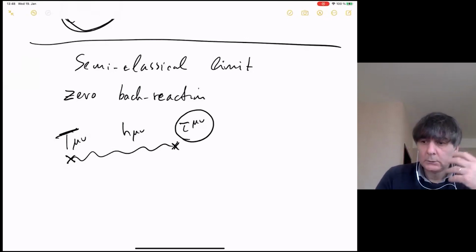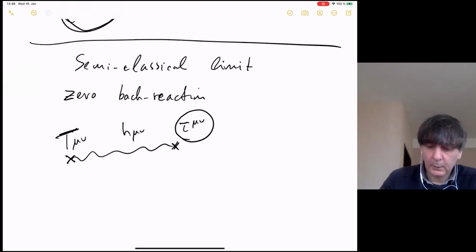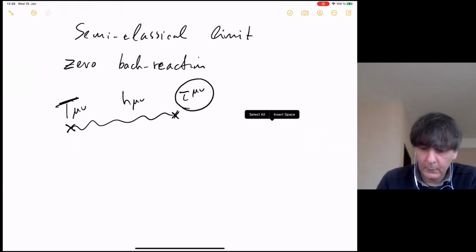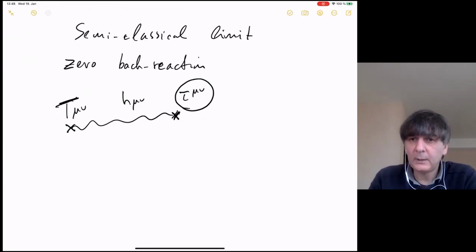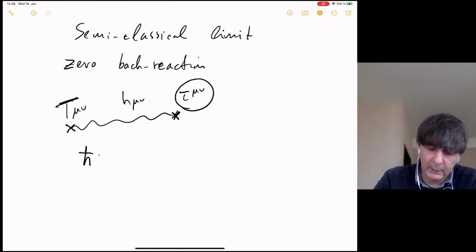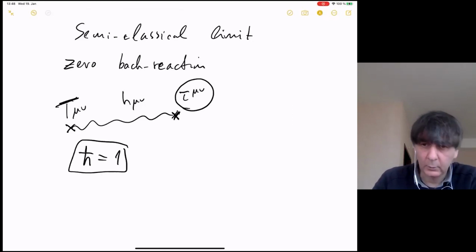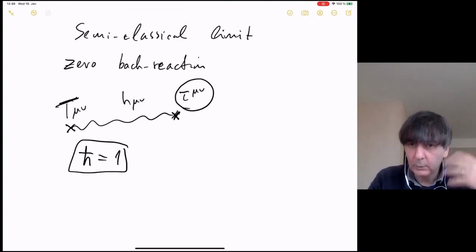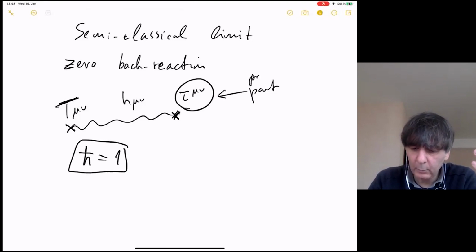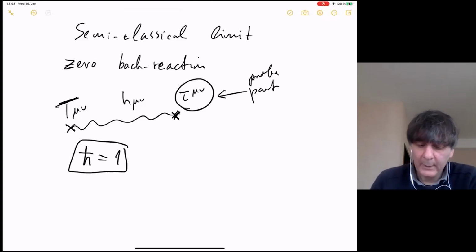So what is this limit? The limit is when we want to still be in quantum theory, so h bar is 1. We don't do anything with h bar. We want the quantum effects of this object tau mu nu, the probe particle, to be there, but we want to switch off back reaction.